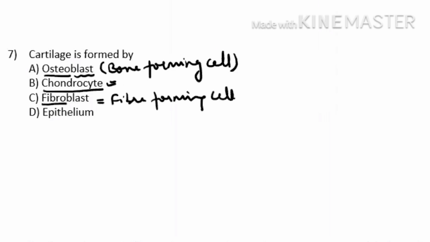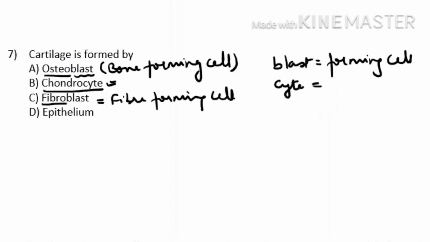Always try to learn whenever the suffix blast is used, it means forming cell. Just like we say osteoblast, it means bone forming cell. We can say chondroblast, chondroblast means cartilage forming cell. But when the suffix cyte is used, it means only the cell.